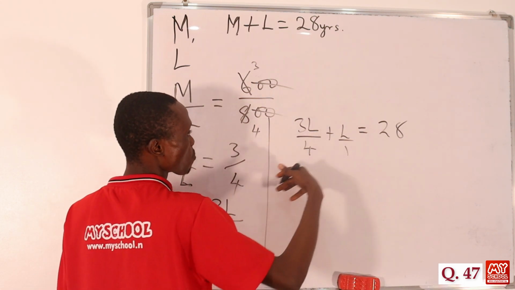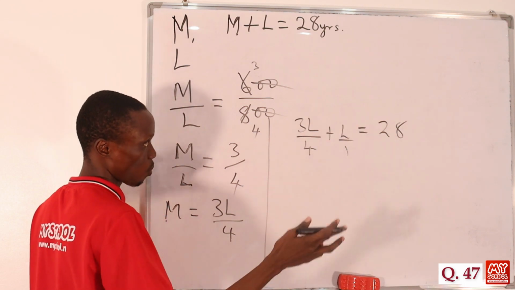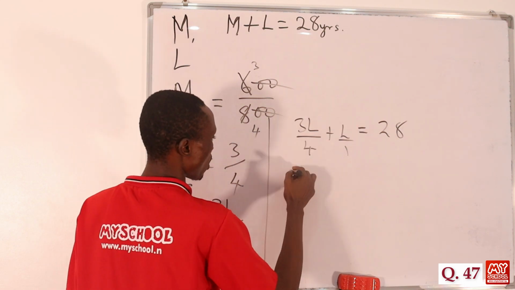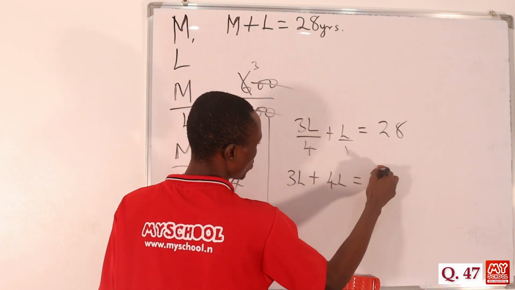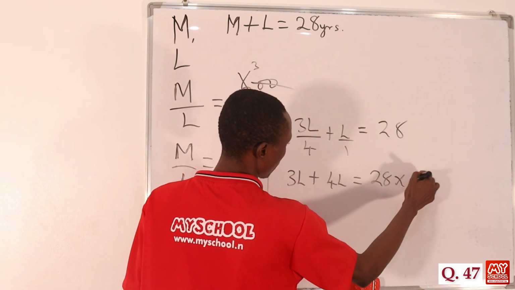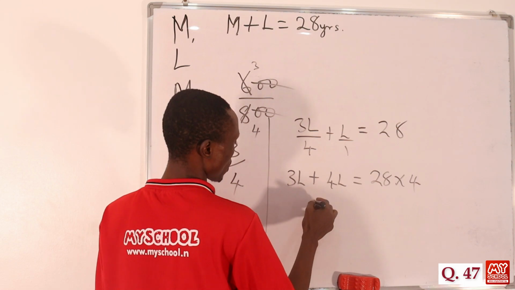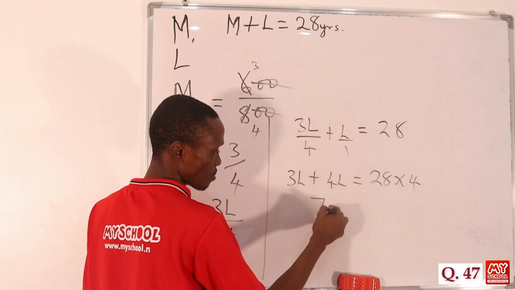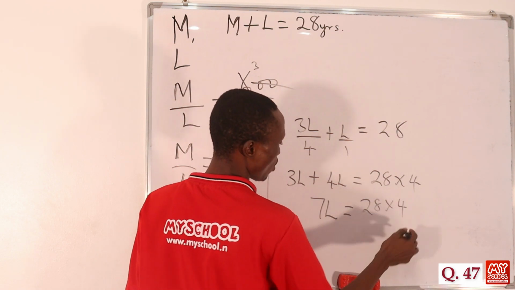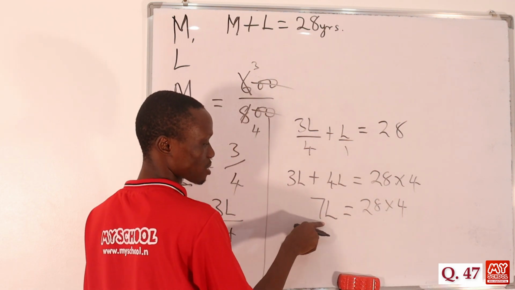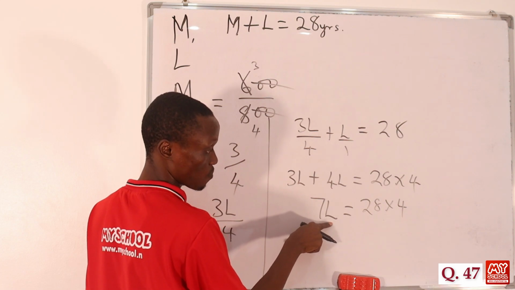So we can multiply through by 4. If we multiply through by 4, we'll be having 3L plus 4L equal to 28 times 4. Since they are like terms, we add them together and have 7L equal to 28 times 4. So we divide both sides by 7 since we are looking for the value of L.